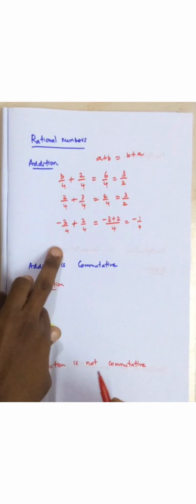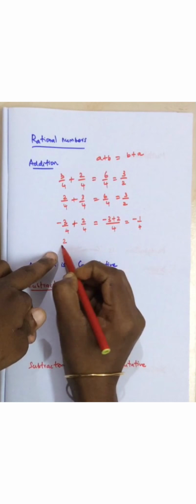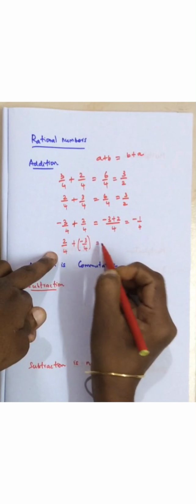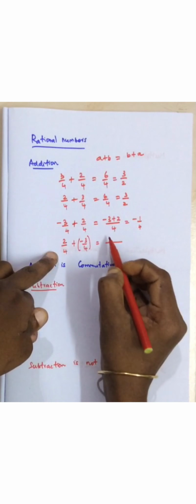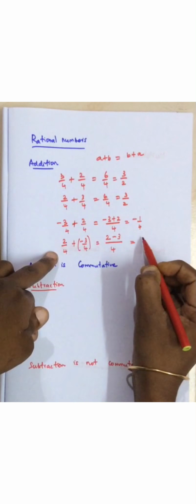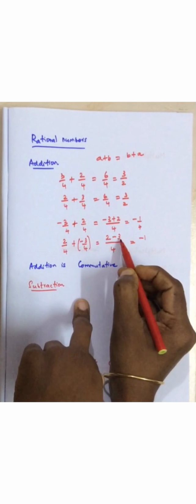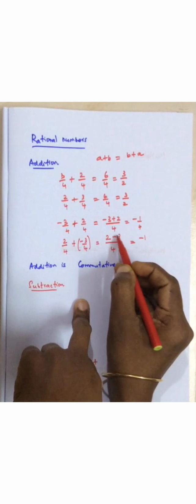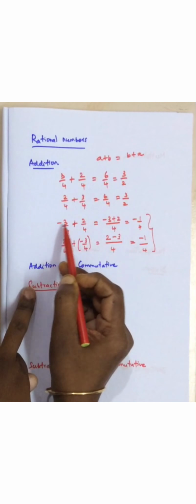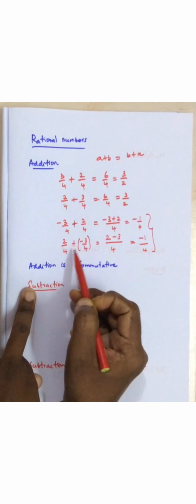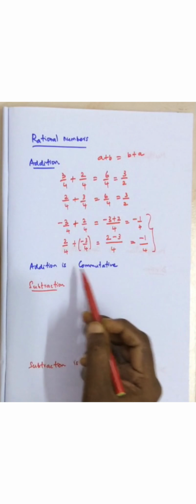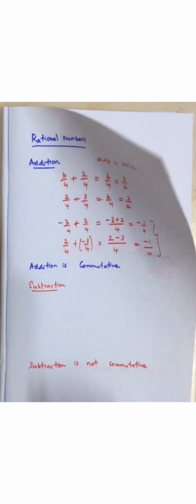Now we are going to interchange and check what happens. 2 by 4 added with minus 3 by 4 gives denominator 4 and 2 minus 3, which is minus 1, because we have to subtract 2 from 3, which is 1, and put the sign of the greater number, minus. So it is minus 1 by 4. Both cases are the same. Whether you add minus 3 by 4 plus 2 by 4 or 2 by 4 plus minus 3 by 4, they both mean the same. So the conclusion is addition is commutative for rational numbers.